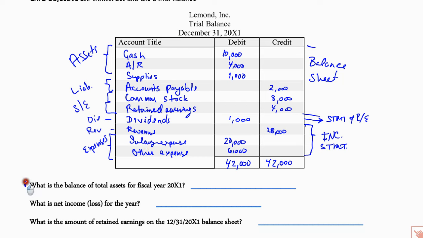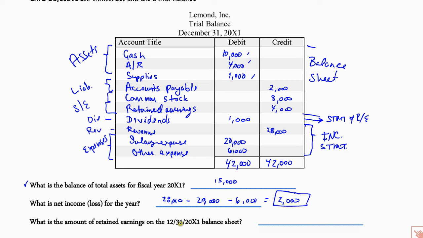I can calculate total assets, 10 plus 4 plus 1, 15,000. What is net income? We have 28,000 minus 20,000 minus 6,000 equals 2,000.